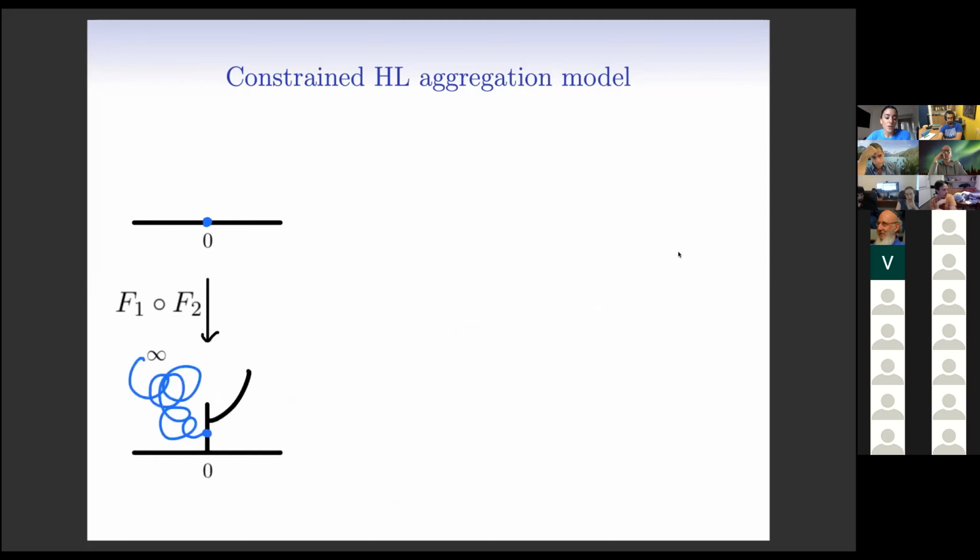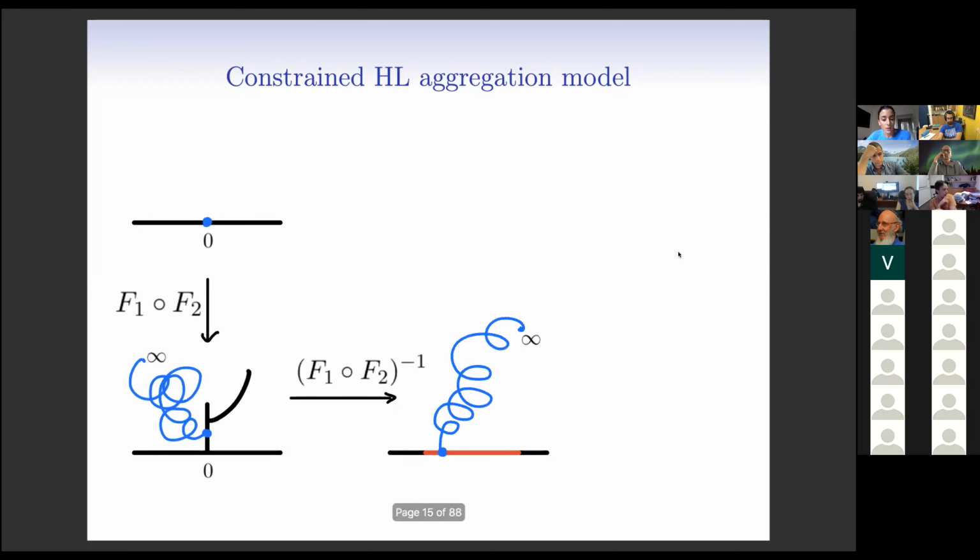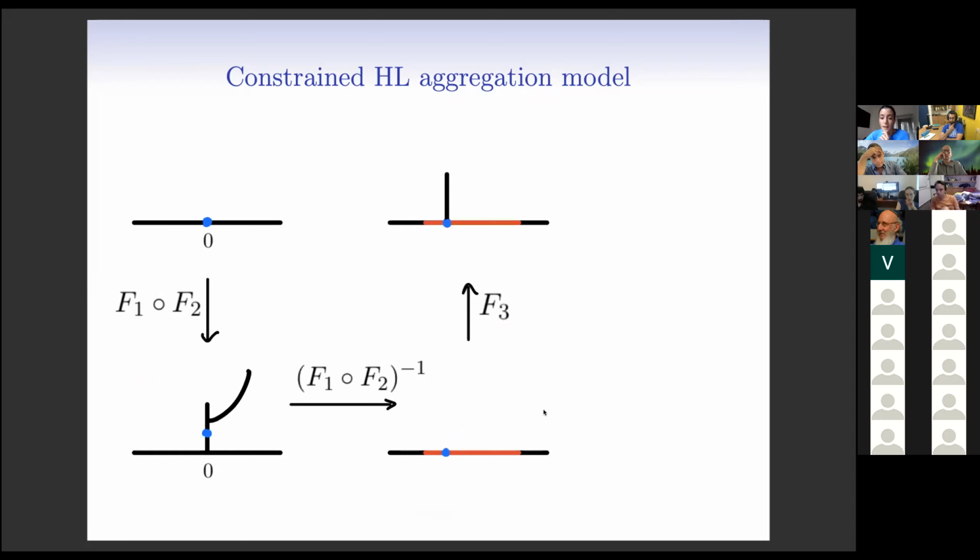So we can keep on going. If we want to attach the next particle, we can for a second forget that we had already grown two particles and map them out via F1 composed F2 inverse. So the cluster will be mapped to this red interval. And there we choose a uniform point and attach the third particle there, again via a map F3, which is obtained by a deterministic map F, which grows the slit at 0, conjugated with a random translation which centers it at the new attachment point.